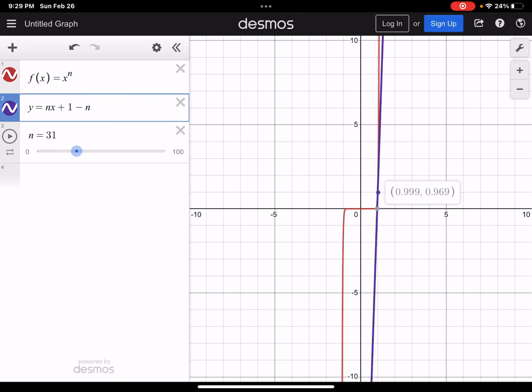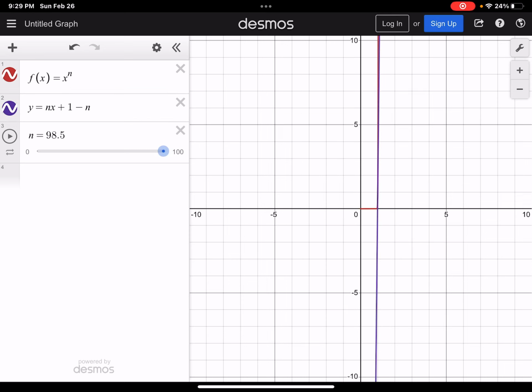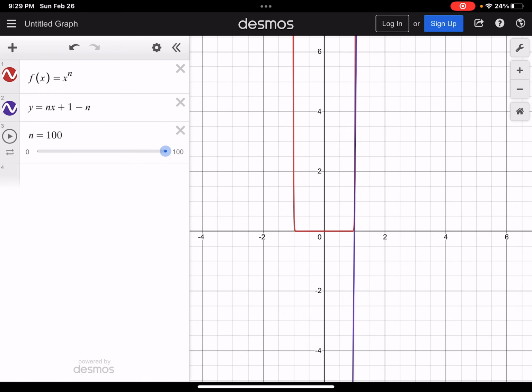Again, at (1, 1), you see that the x-intercept is approaching 1 again. So I'm going to increase the power to 100. At 100, you see that at (1, 1), now the x-intercept is at 0.999.